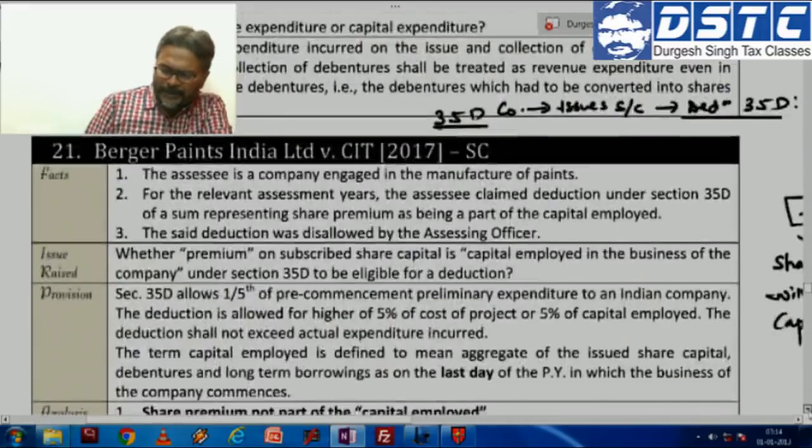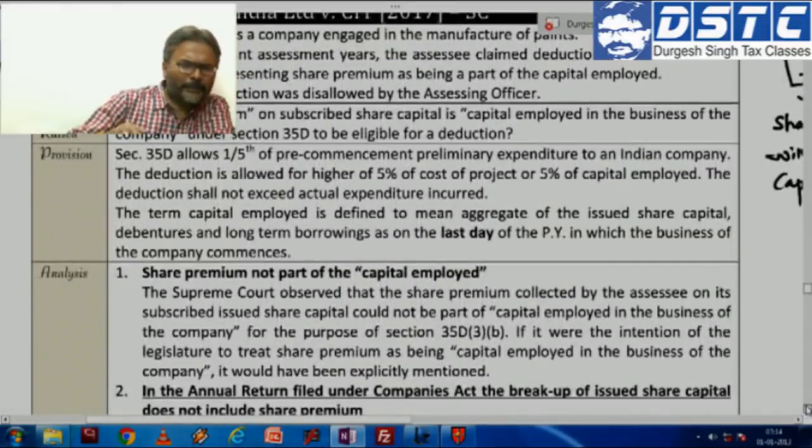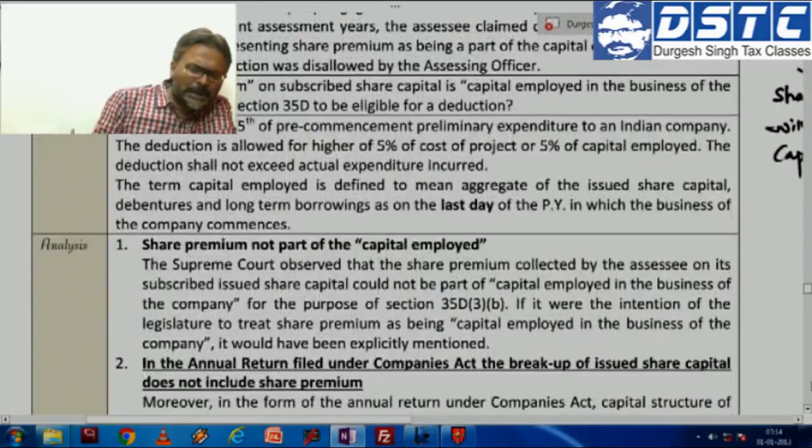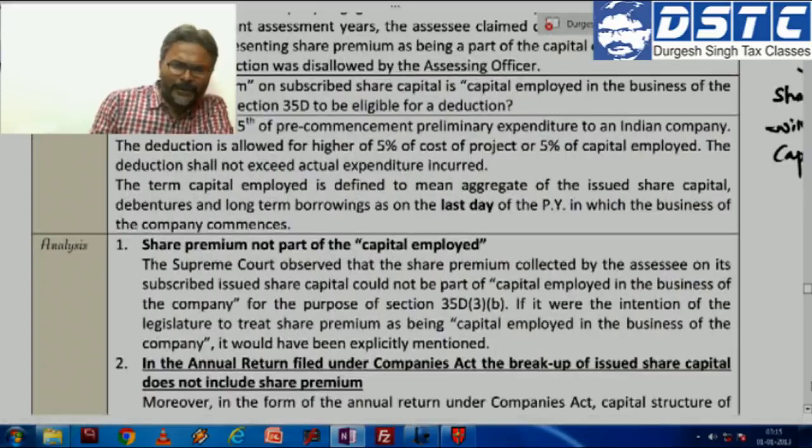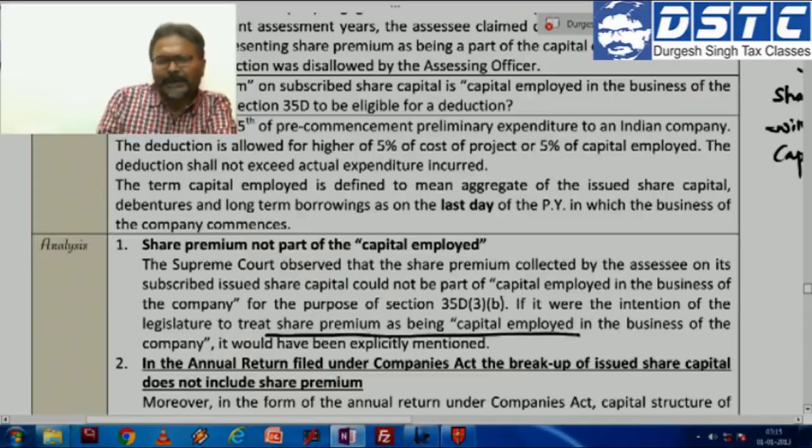Now, primarily students, this is the provision I have just mentioned. Analysis: share premium is not part of the capital employed herein. They have said that the law does not say anywhere that the share premium will be treated as capital employed.